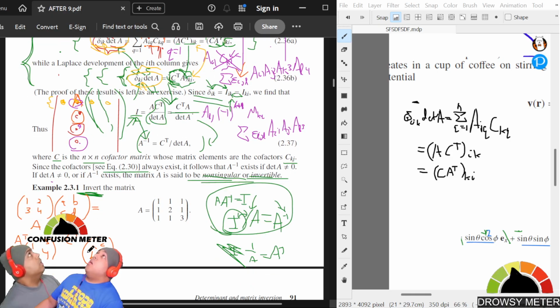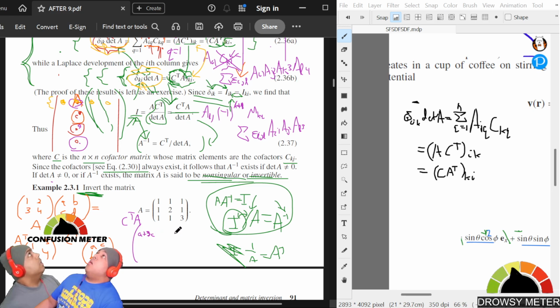Now let's do C transpose A. C transpose multiplied by A. The first element would be 1A plus 3C.